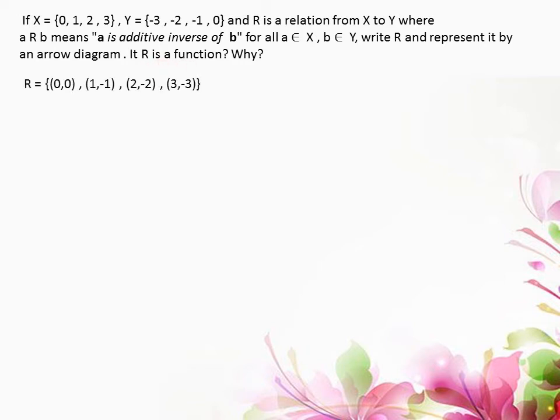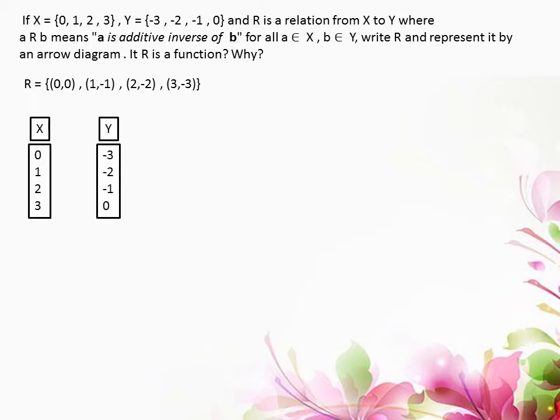Let's see. First of all, let's write the relation between x and y. Our condition is a is the additive inverse of b, so we can see 0 with 0. 0 is the additive inverse of itself, and 1 and -1, the element 1 is the additive inverse of -1, 2 with -2, 3 and -3, like the relation R here.